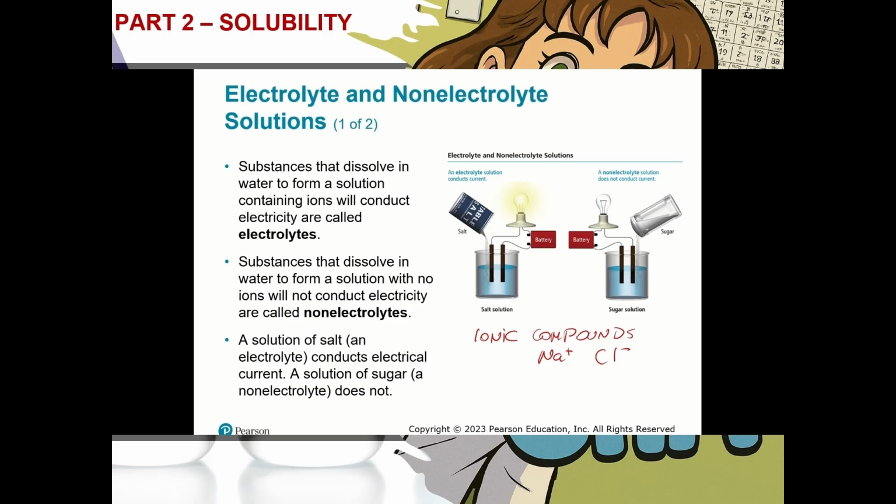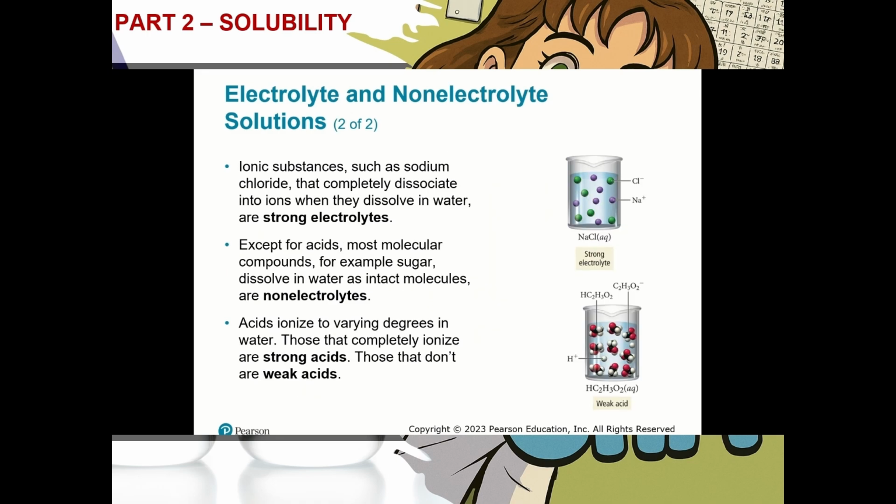Substances that dissolve as molecules and don't form ions are known as nonelectrolytes, like sugar. They will dissolve as molecules. How does that happen? The sugar molecule will be surrounded by the water molecules. I'm going to take you there, but before, let's go here. Strong electrolytes dissociate completely. Weak electrolytes dissociate only partially, like weak acids.